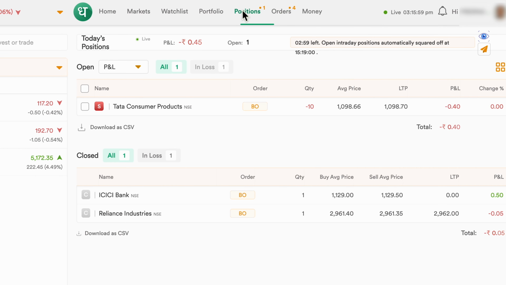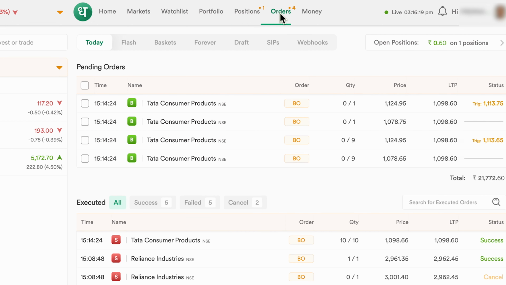Now, since this is an intraday order, you know that on Dhan by 3:19, you need to square off this order, as in you have to close your position or the order will start to be squared off automatically. So I have to close this before 3:19 p.m. So that's one thing. Second, how do I close this order? And one more very important thing. Suppose the price goes down and this order is triggered.